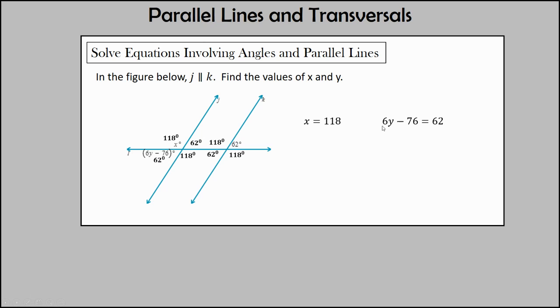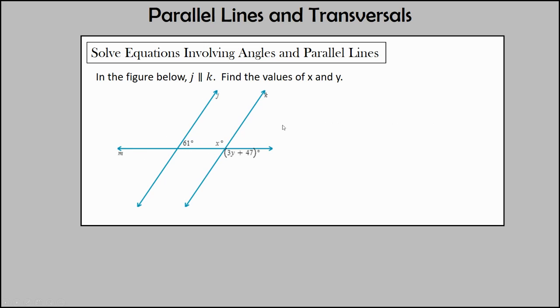So I'm going to write an equation: 6Y minus 76 equals 62. I'm going to add 76 to both sides. I'm going to divide by 6. Y is 23. So X is 118, Y's got to be 23. But again, I think the simplest way to do it is to find all the angles and then figure out how I'm going to find X and Y from there.